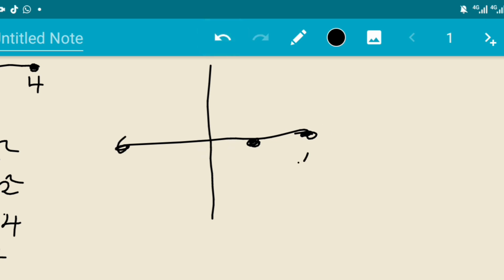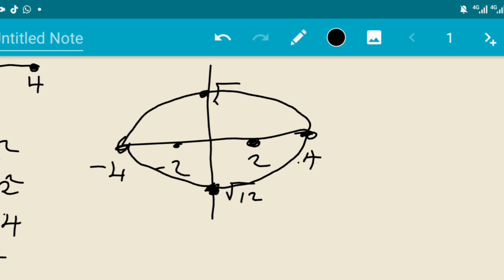Then this here is negative 4. From the origin to C, which is the focus, is 2. Then this here is negative 2, and we figured out that our B is the square root of 12, which is 3 point something. So it would be somewhere here. Then just put it as the root of 12. The same goes there. So our ellipse would look something like this.